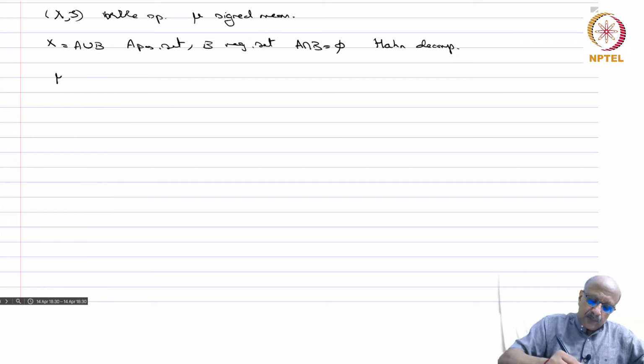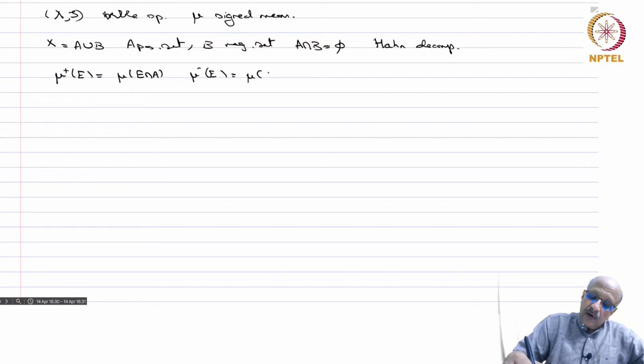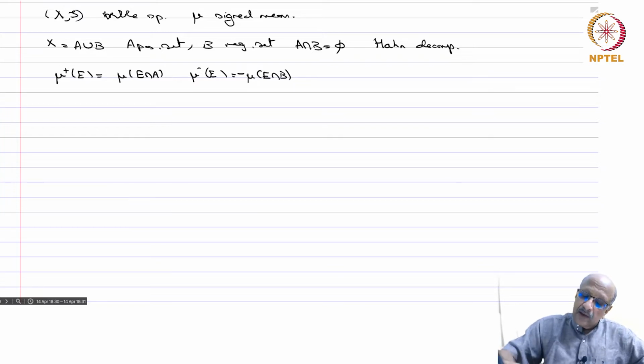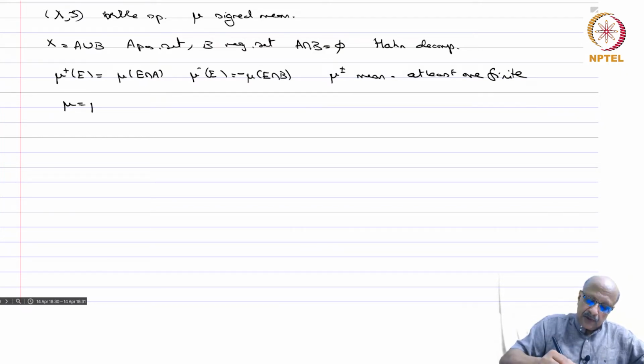Then we define mu plus of E equals mu of E intersection A, and mu minus of E equals mu of E intersection B with a minus sign because it has to, and then mu plus and mu minus are measures, at least one finite, and then you have mu equals mu plus minus mu minus, and this is called the Jordan decomposition.